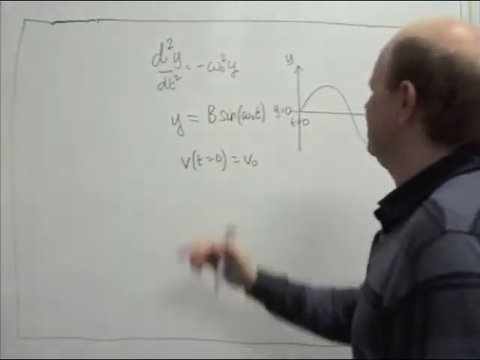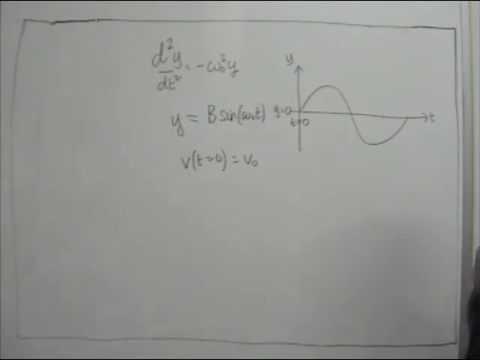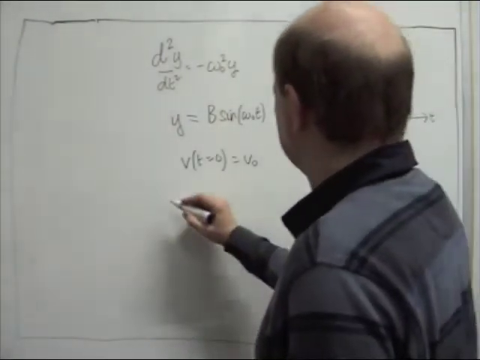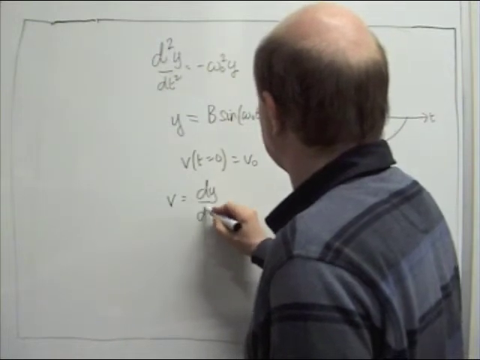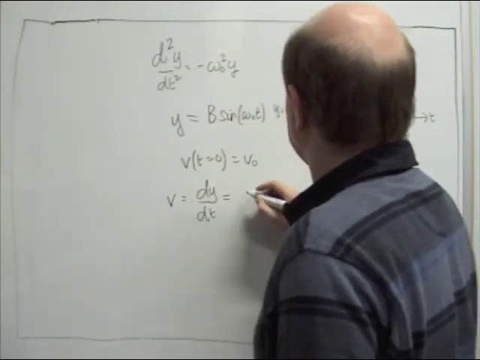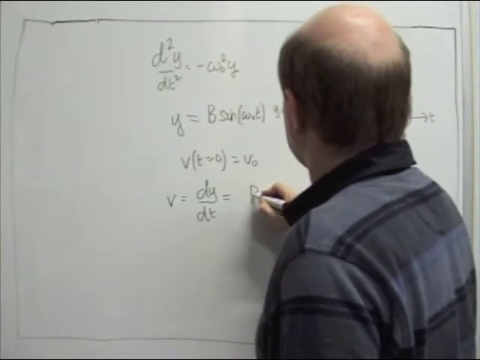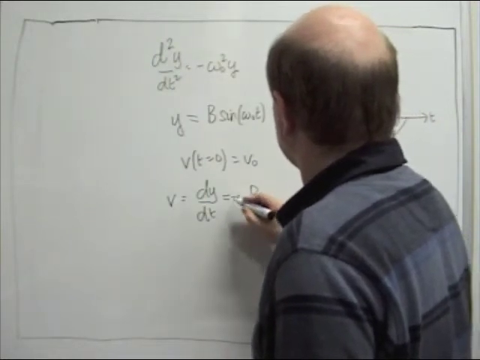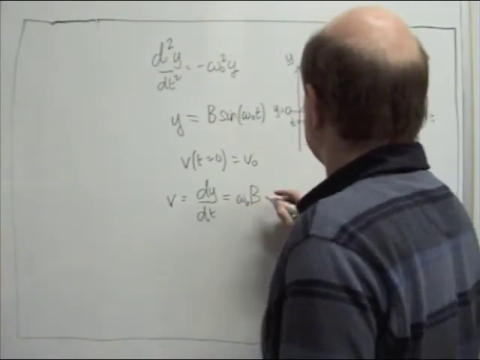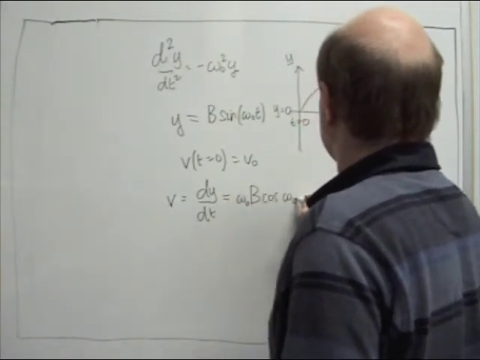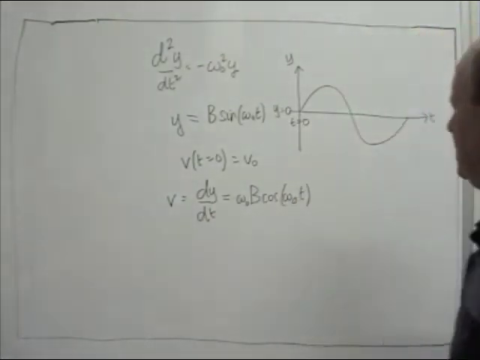Now that doesn't mean that b equals v0, right? And to prove that, let's figure out what the velocity is. So the velocity is omega naught b cos omega naught t, right?